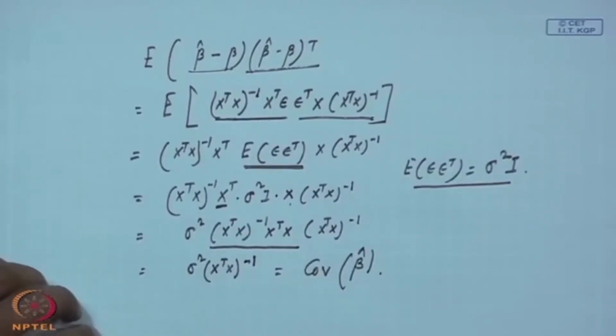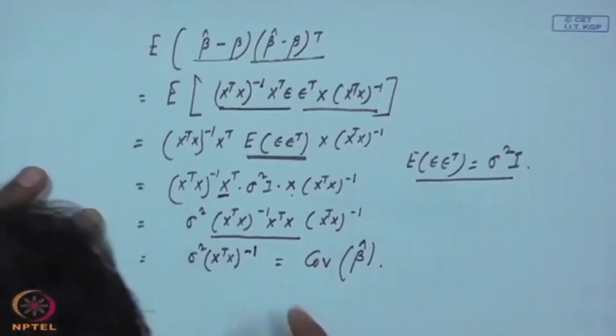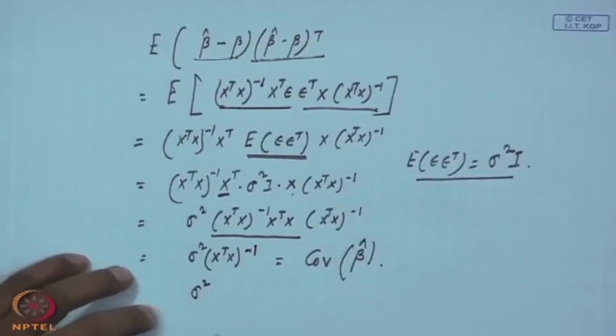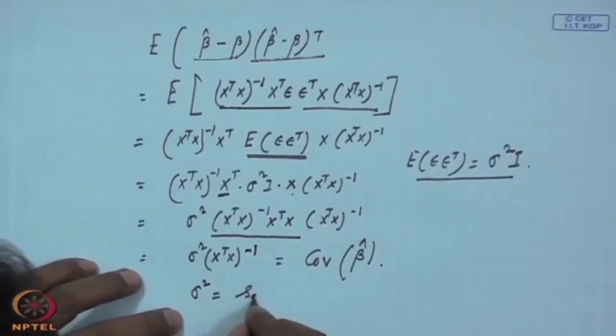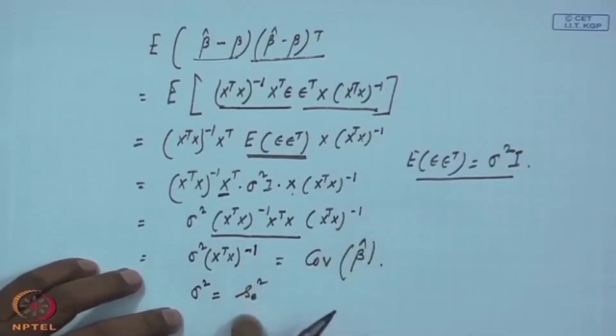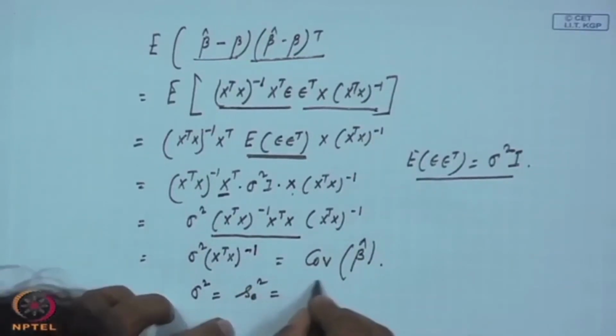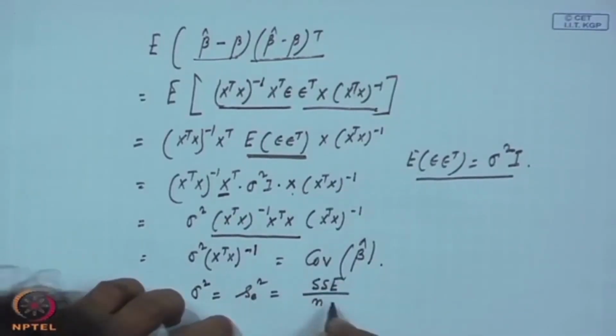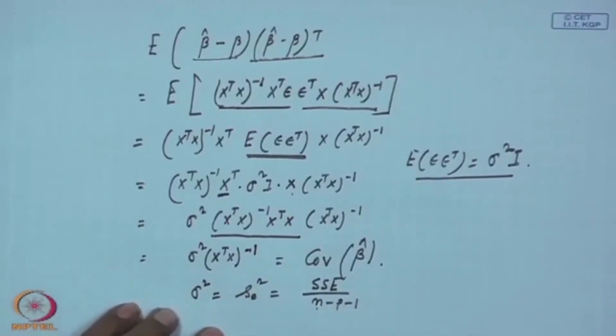Okay. So, how do you get the value of sigma square? Sigma square is also not known. So, sigma square will be estimated by S_E square. That means from the errors whatever values you get, from there you calculate the variance component, and this will be SSE divided by the degrees of freedom for SSE, which is the number of observations minus parameters estimated.